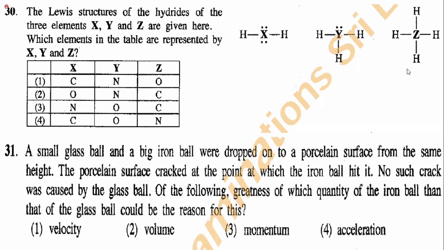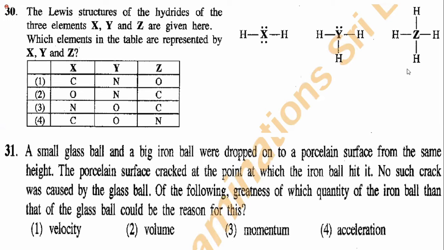A small glass ball and a big iron ball are dropped on a porcelain surface from the same height. The porcelain surface cracked at the point at which the iron ball hit it.